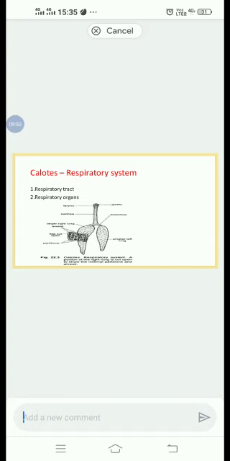Next, we discuss respiratory organs. A pair of lungs form the respiratory organs of Calotes. The lungs are elongated sacs.